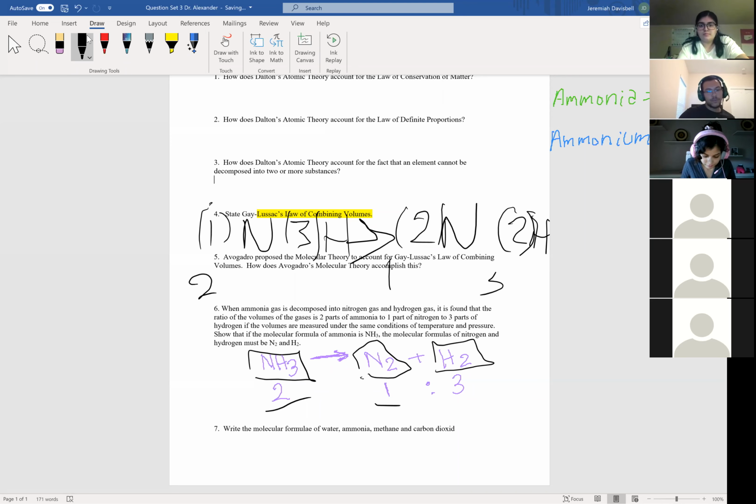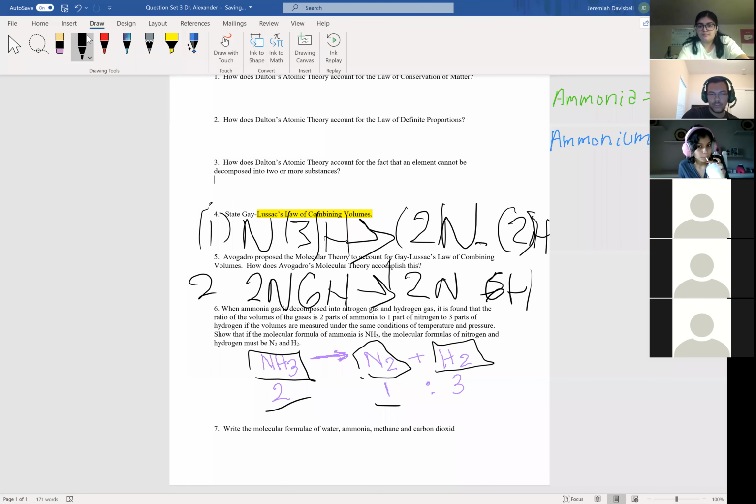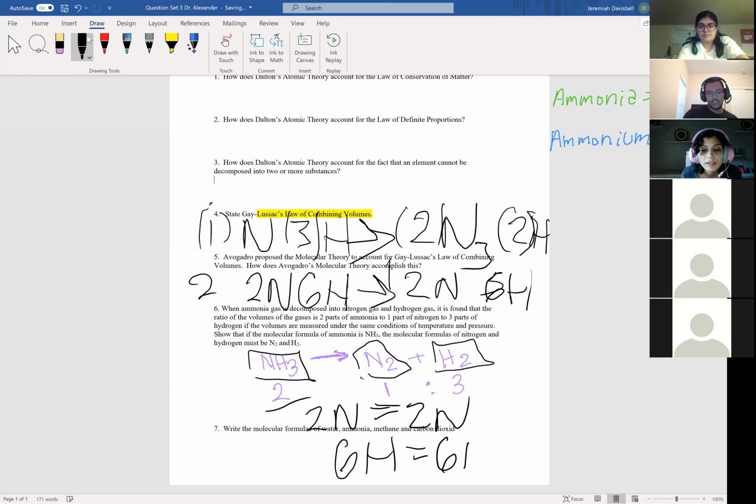So when you do that, you'll have 2 nitrogens and 6 hydrogens on the left side of the arrow, and 2 nitrogens and 6 hydrogens on the right side of the arrow. Sorry, that's supposed to be a 3 right here. So basically, 2 nitrogens equals 2 nitrogens, and 6 hydrogens equals 6 hydrogens.